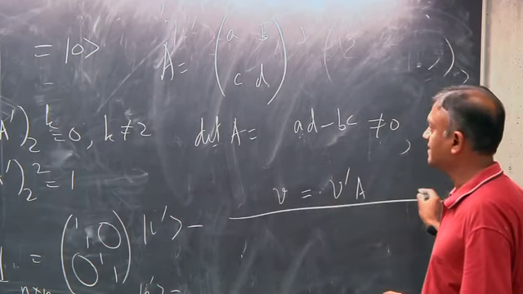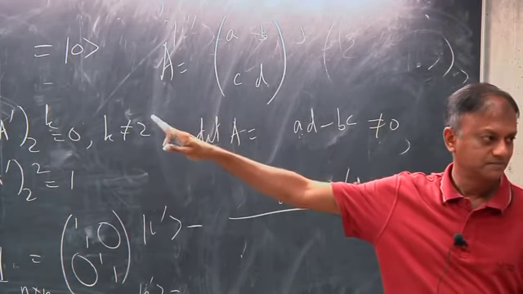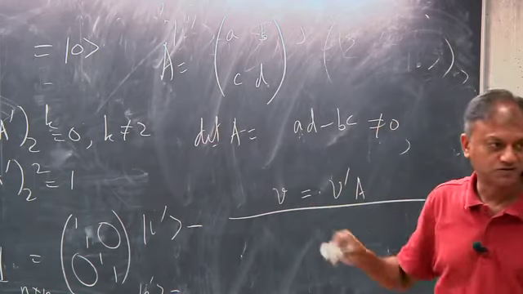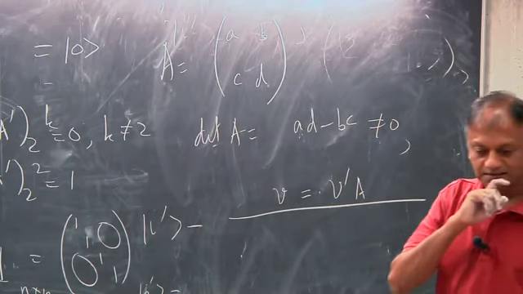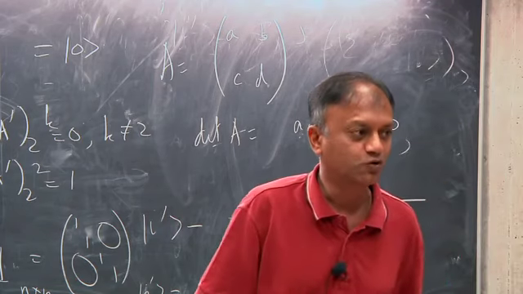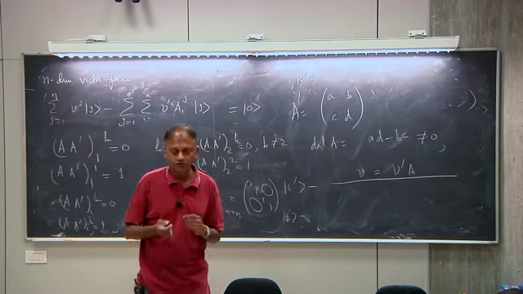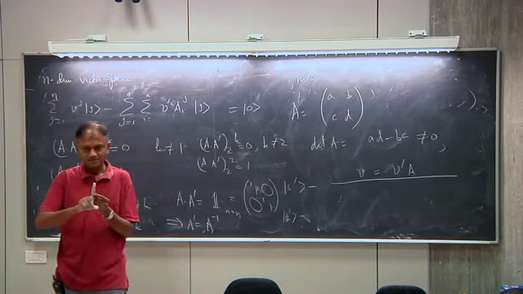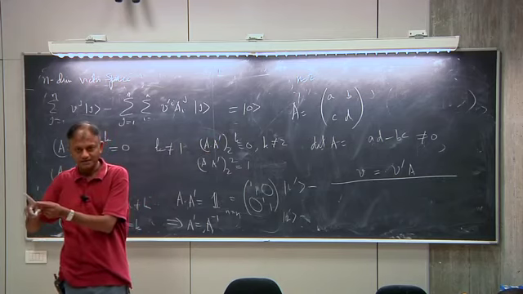Just as a side comment, I should say that if you consider the set of all matrices whose determinant is not equal to 0, this set forms a group. You don't know what a group is, but in some sense you can think of it the following way. I start from one basis. I apply some matrix A, I get a different basis.